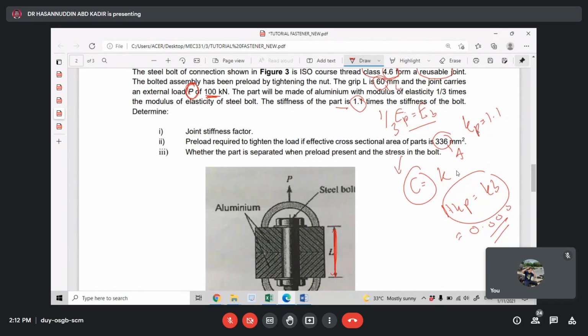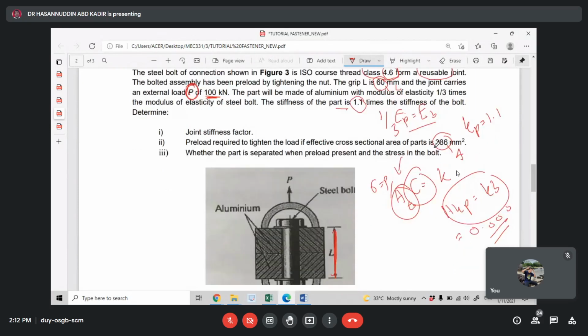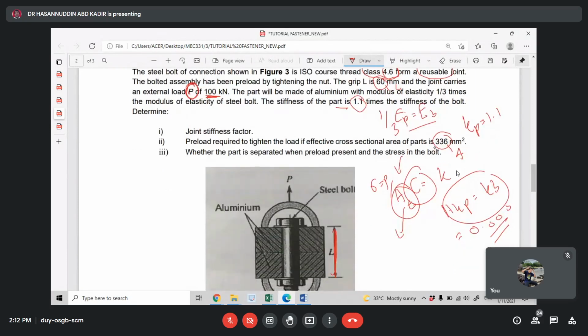So ini pun kita kena dapatkan value of stress. Stress P over A. So AT ni we will apply from the table, but they do not give you the value of diameter. So from here you can get the value of diameter. Then from here we can refer to the table and then get the value of AT here.